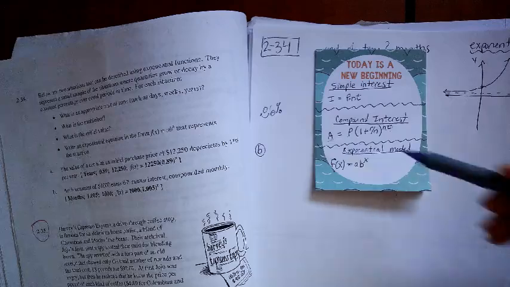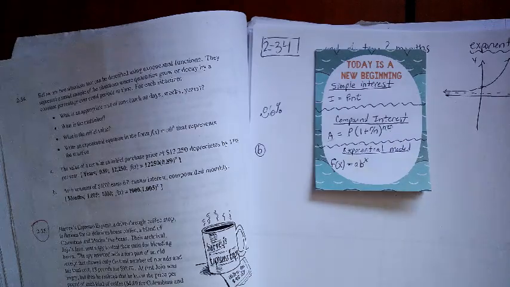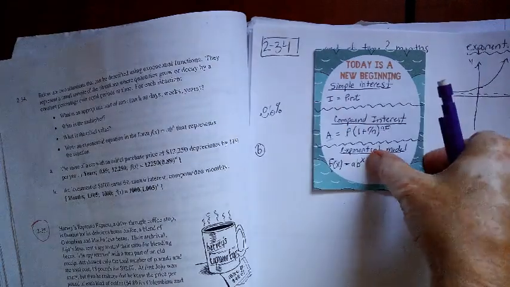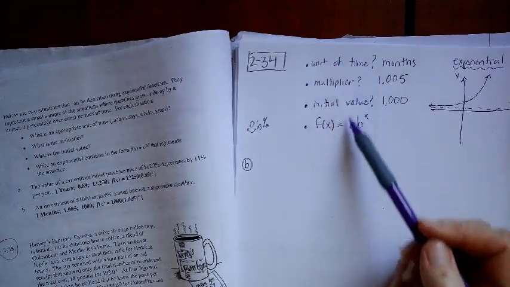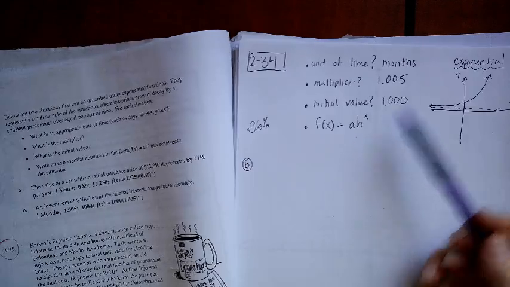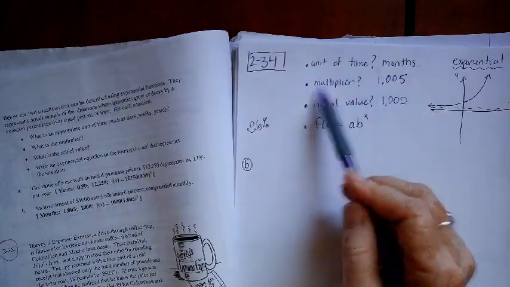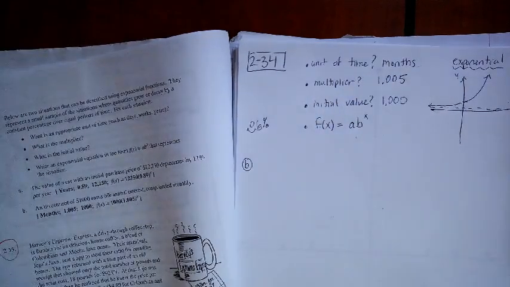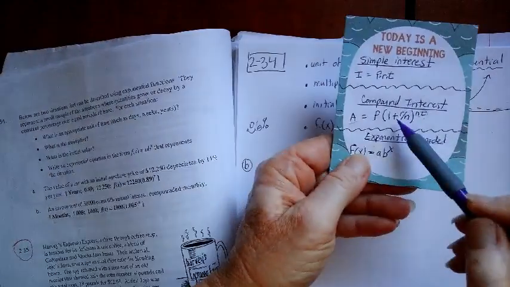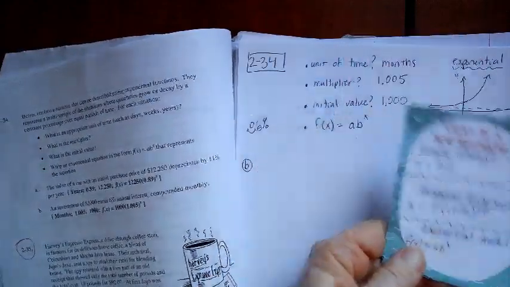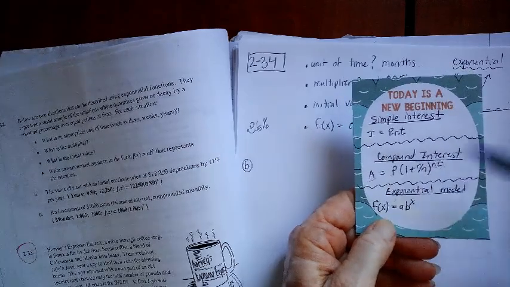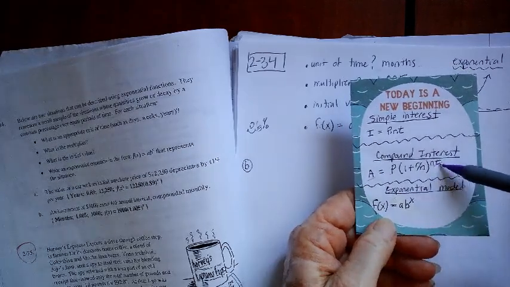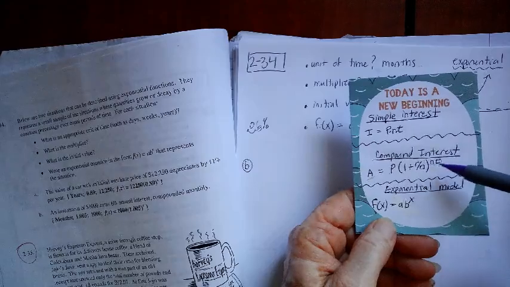So we want to turn that into an exponential model, and that's why they were trying to help us do that by asking us these little bullet points. So now we know what the multiplier is, because we got that from going 1 plus the rate. Remember, it was 0.06 divided by 12.